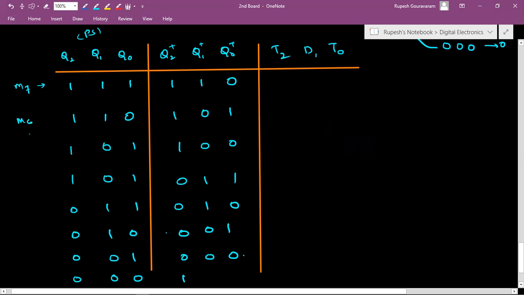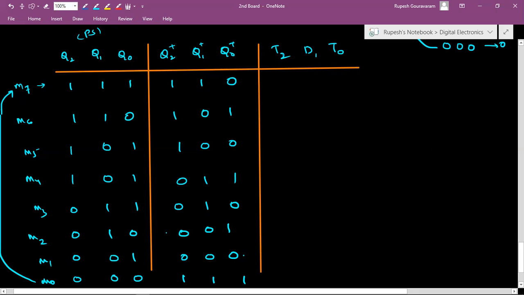So this is M6, M5, M4, M3, M2, M1, M0. From M0, it again goes to M7. So for M0, the next state will be 111. Now you see T2. T2 is a toggle flip-flop.